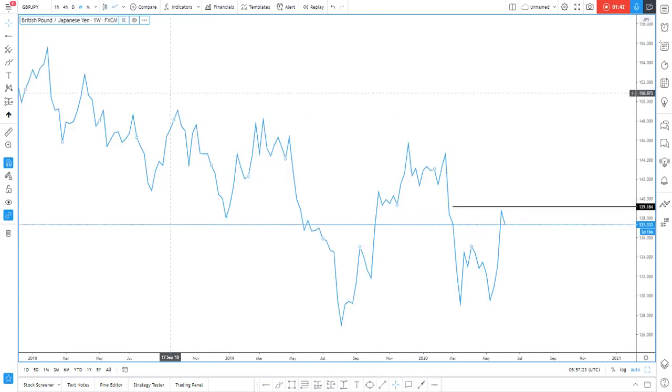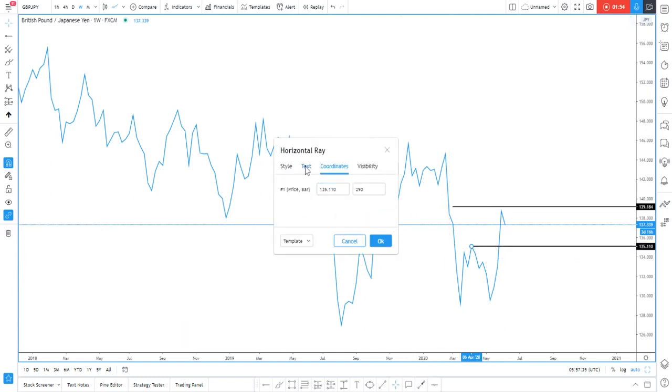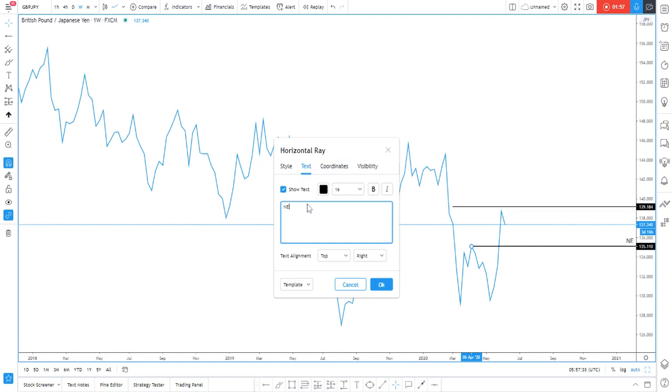Now, switching to a line chart to quickly get the neckline. This is the neckline here. So I'll pick up my ray tool also and place it here. Then tag it neckline slash target.